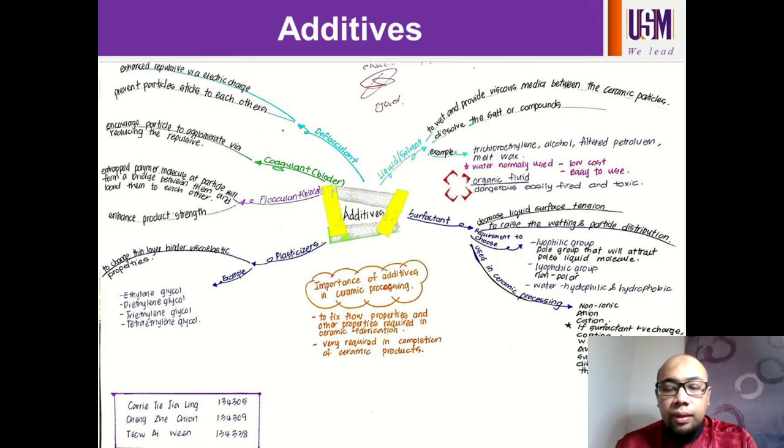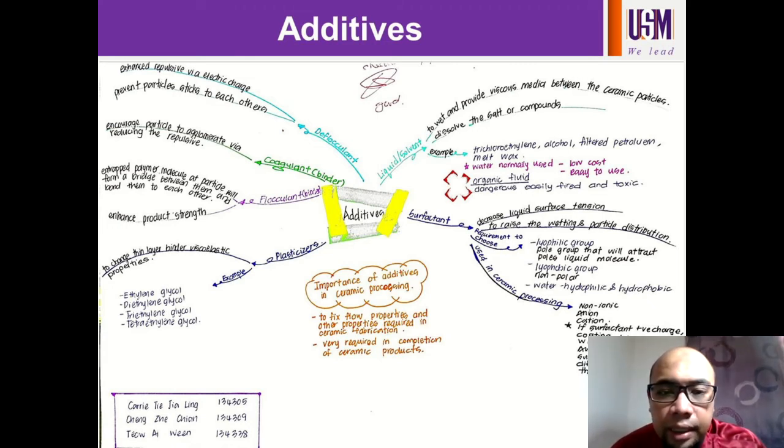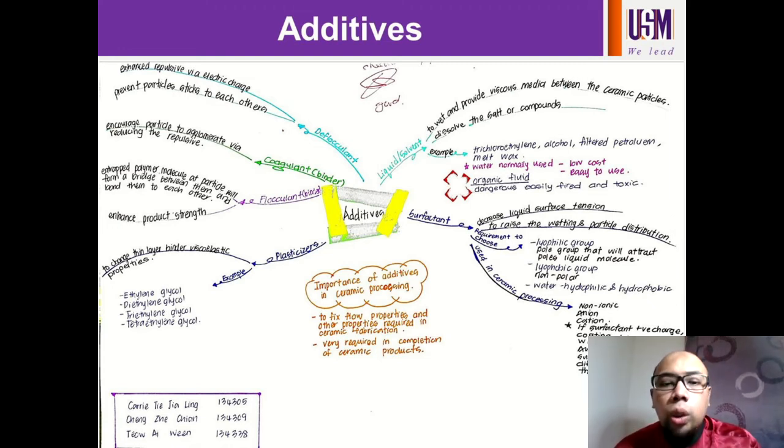You can see the branch for each type of additive has some explanation. For example, what is the function of the deflocculant? To enhance repulsion via electric charge, preventing particles from sticking to each other. And how about the coagulant?